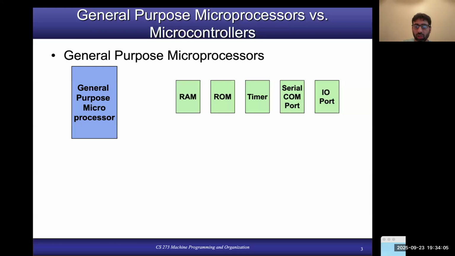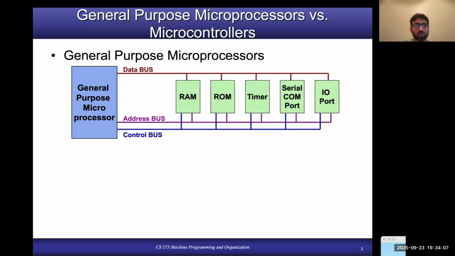All these components are external to the microprocessor, and they are connected with the microprocessor through the data bus, address bus, and control bus, which basically means that each of these components is a chip on its own. And whenever communication happens over these buses, the communication crosses the chip boundary.